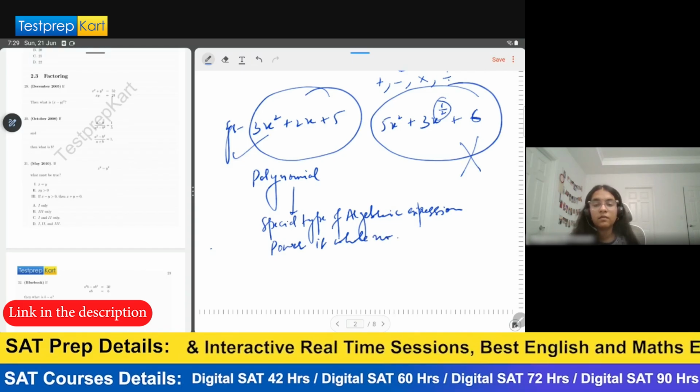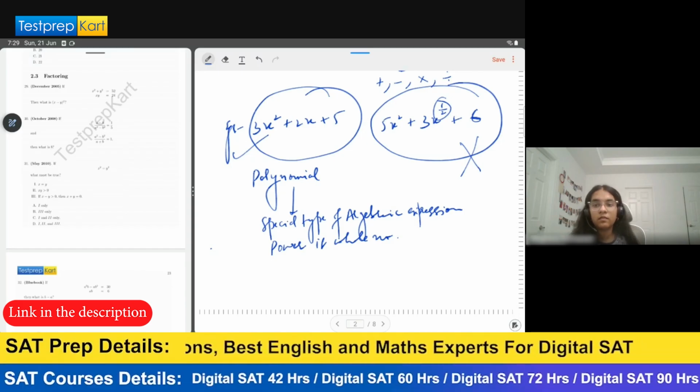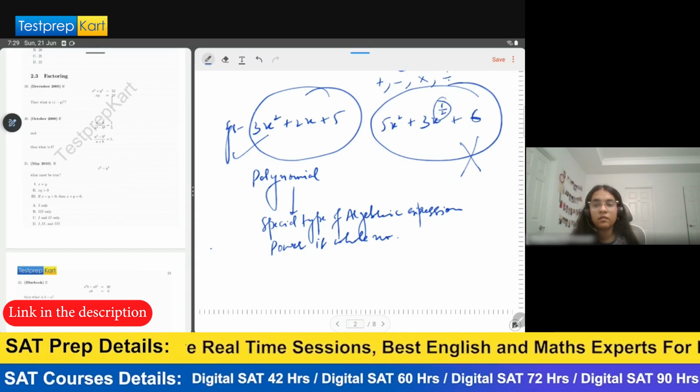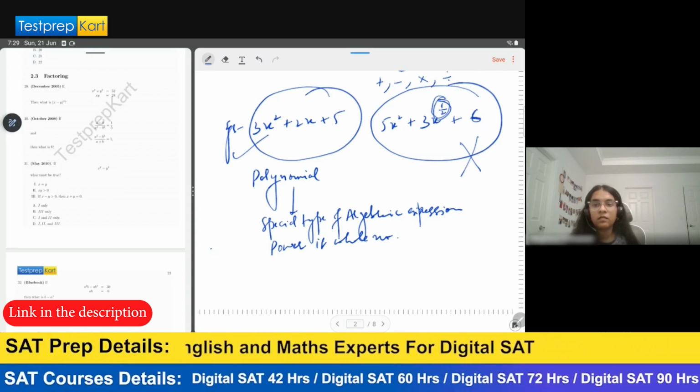It can't be a fraction or decimal or anything like that. 0, 1, 2, 3, 4, 5, 6, 7, 8, what you call the whole numbers. Because there is a fraction in the power, this will not qualify to be called a polynomial, right?